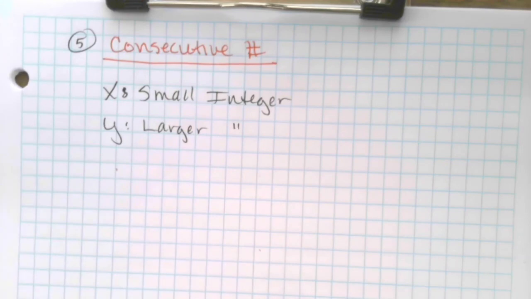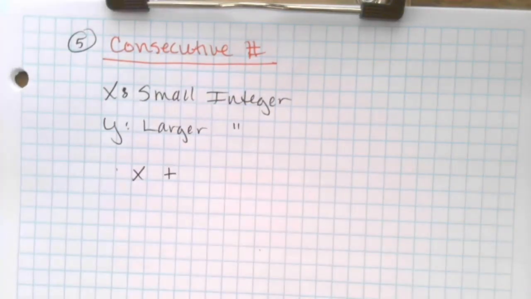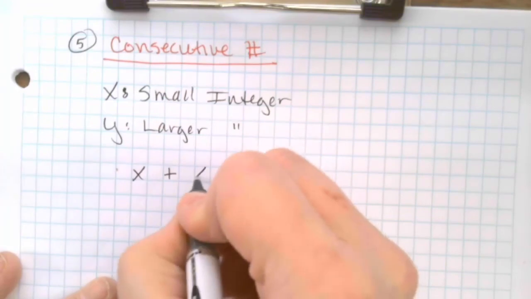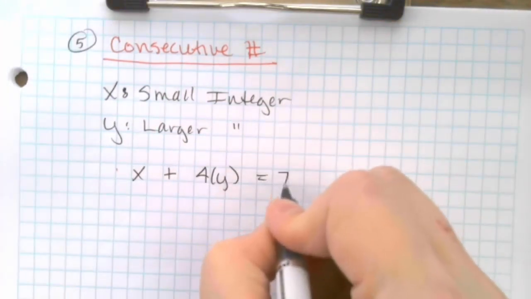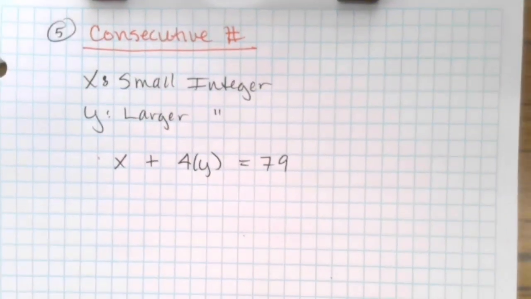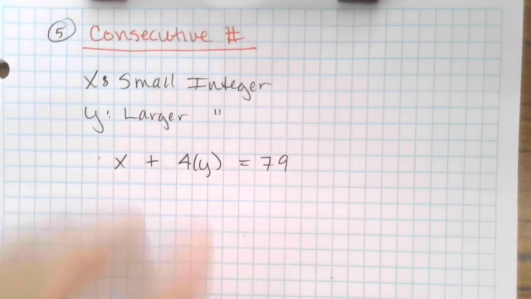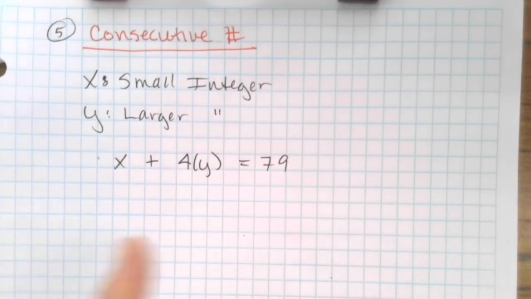It says when the smaller of 2 consecutive integers is added, so x plus is added to 4 times the larger, 4 times y, the result is 79. Now, if that's all you do, you're in trouble because you've got one equation and 2 different variables that is not solvable.